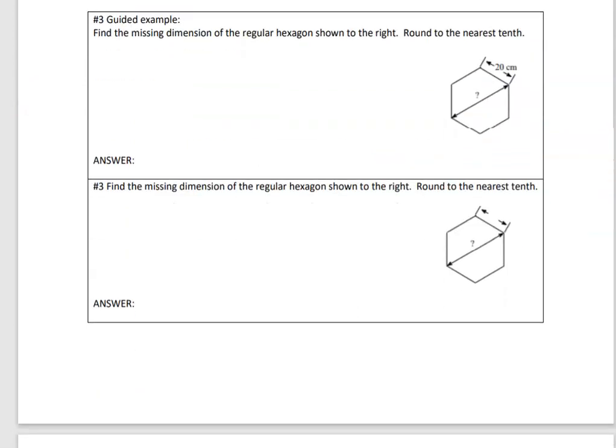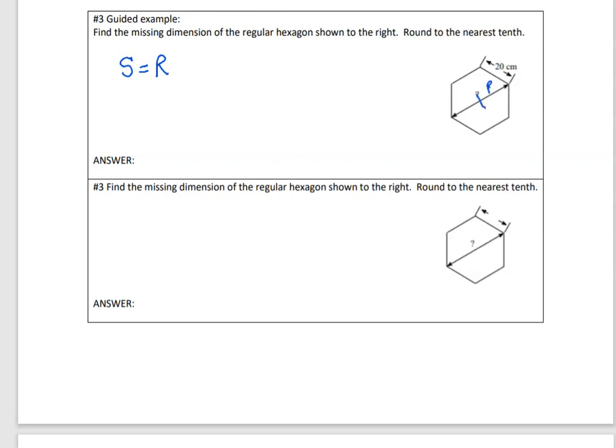Okay. Find the missing dimension of the regular hexagon shown to the right, round to the nearest tenth. And so we're looking for this diagonal distance right here. It would almost be like the diameter if it was a circle, but that's the piece that we're missing. And we actually have a formula that says that this S is equal to R, and R is halfway in between this.